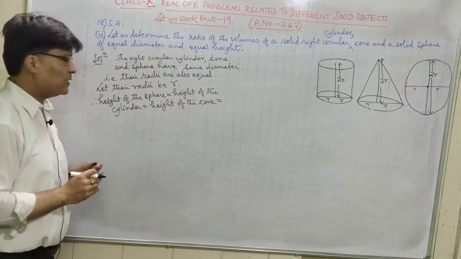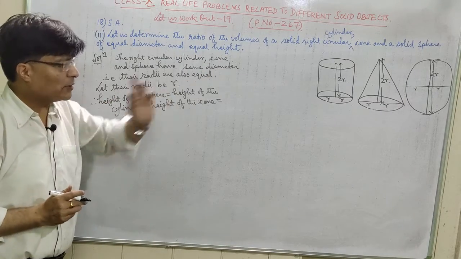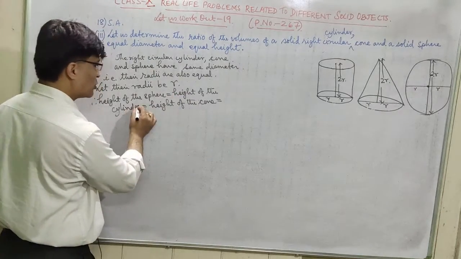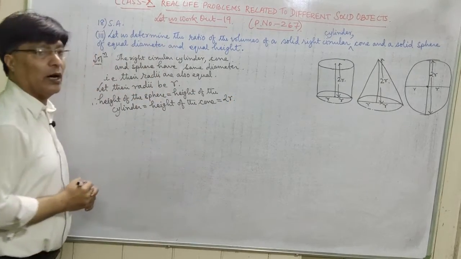It is given in the question. So what is the height of the sphere there? From the figure it is known that it is 2R. That means height of the cylinder is also 2R, height of the cone is also 2R. So let us write here 2R.